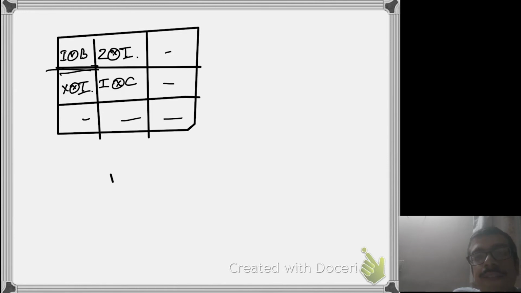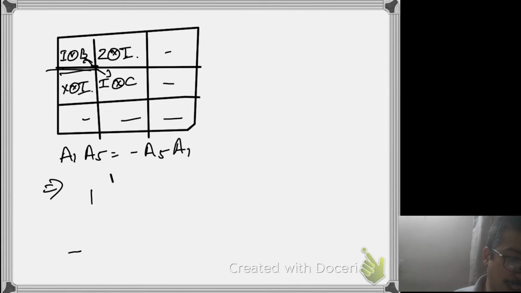Now, actually we will need the fact that A1 and A5 also anti-commute, but the proof is similar. A1 and A5 anti-commute because they neither lie in the same row nor in the same column. And from this what we get is that B and C anti-commute. If B and C anti-commute with each other, that means B is of the form Z tensor identity and C is of the form X tensor identity.